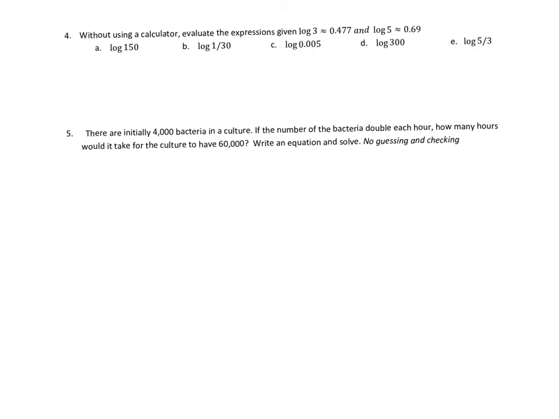Log of 150 is 15 times 10, and 15 is 3 times 5, so I get 3 times 5 times 10, and that's the log of 3. With my product property, products become addition, plus the log of 5, plus the log of 10.